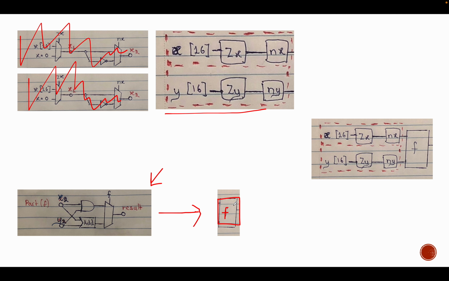Now that you've got this part right here and this part right here, we can convert those two, and we can add them to this view. So basically, what we're doing here is we're connecting the F with the previous picture. So now we've got F here, and then obviously this is the final picture.